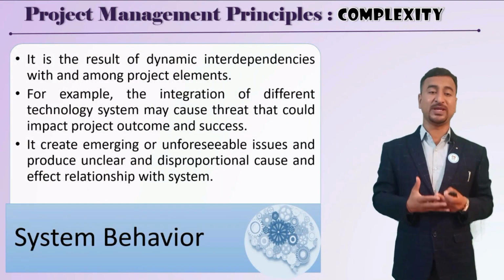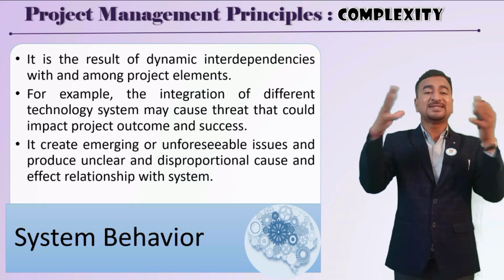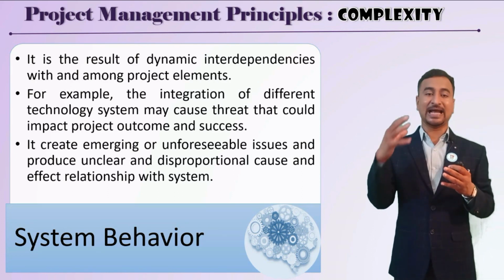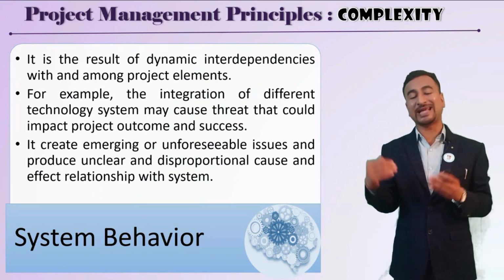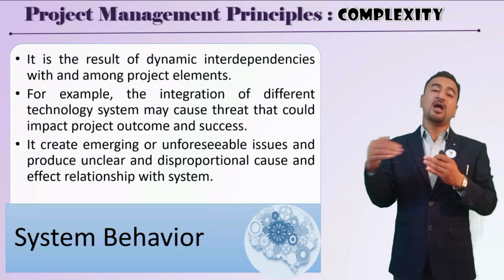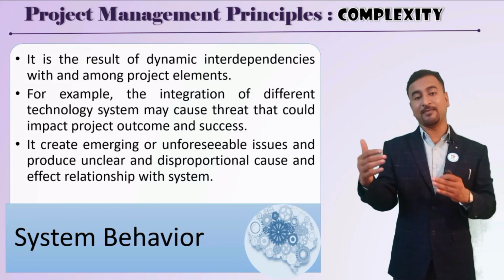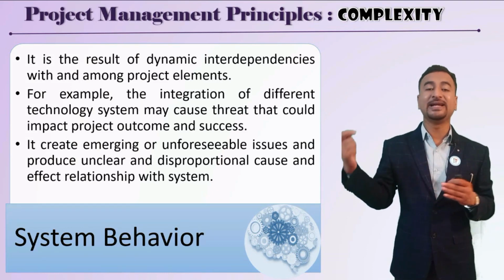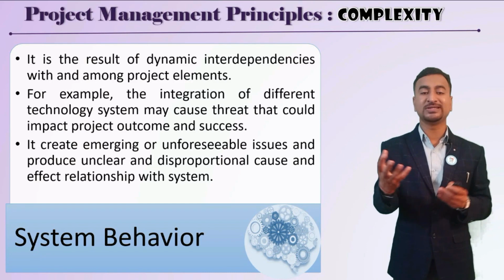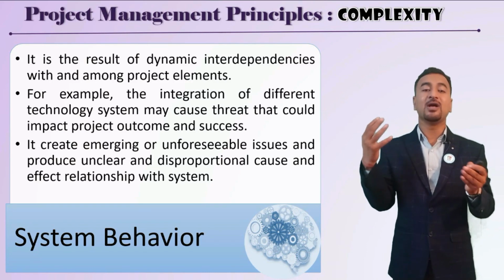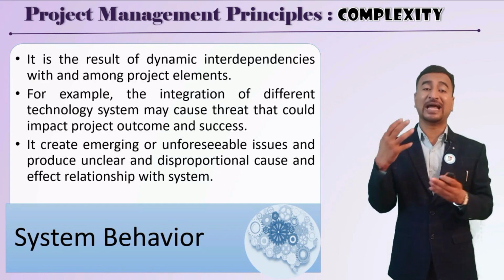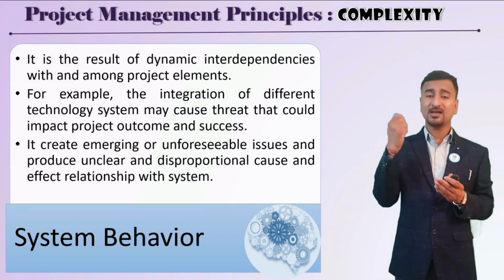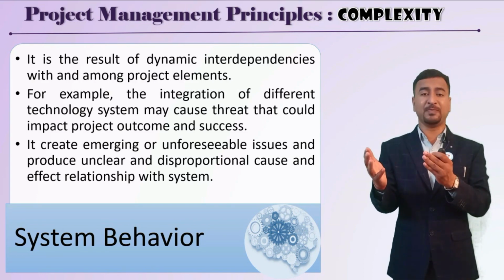Second would be system behavior. Because everything is interconnected, it is the result of dynamic interdependency among the project elements. There is a critical path which needs to be complied with. For example, the integration of different technology systems can cause a threat or impact on the project goal, so you need to understand that system behavior is different from human behavior.